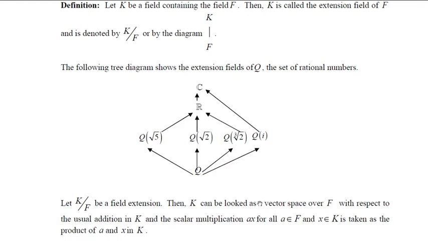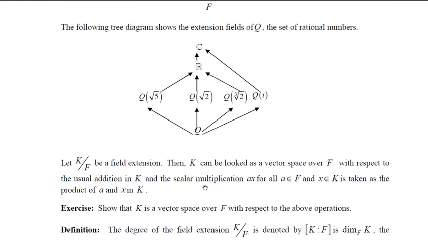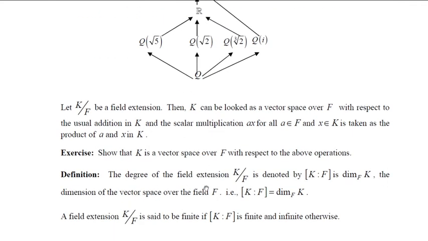That means whatever the property of vector space that we have discussed can be applied for extension fields, because K is a vector space over F. Hence, the first thing which comes is dimension of a vector space.